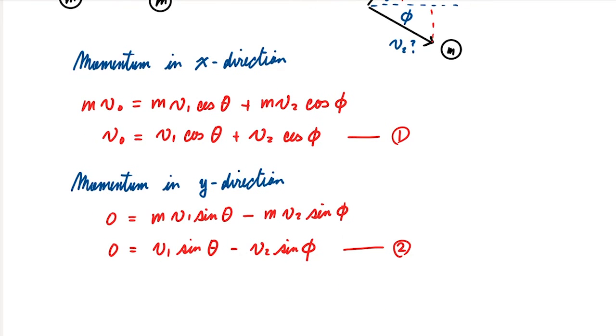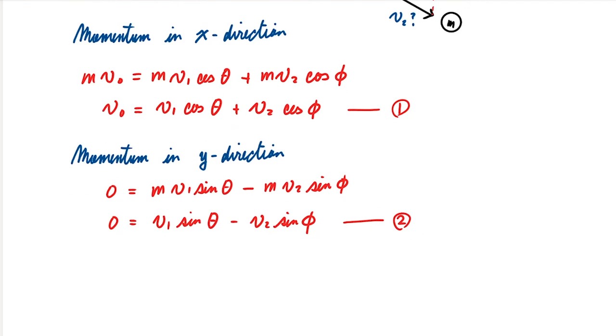Now it's a system of equations between 1 and 2. We can use the substitution technique. Which one do you want to eliminate, V1 or V2? Your choice. Let's eliminate V2.